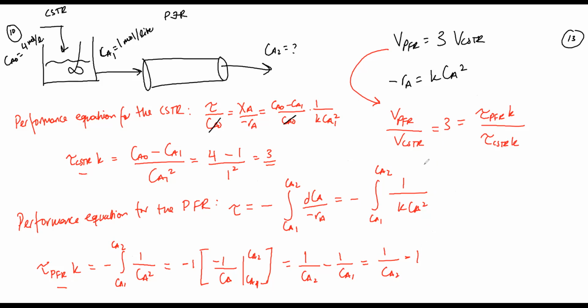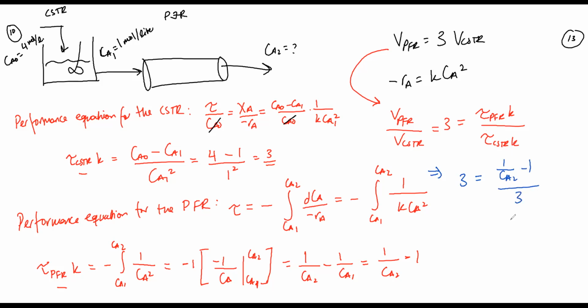Anyways, if you combine them, you get 3 is equal to tau PFR K, which is 1 over CA2 minus 1, divided by tau CSTR K, which is 3.